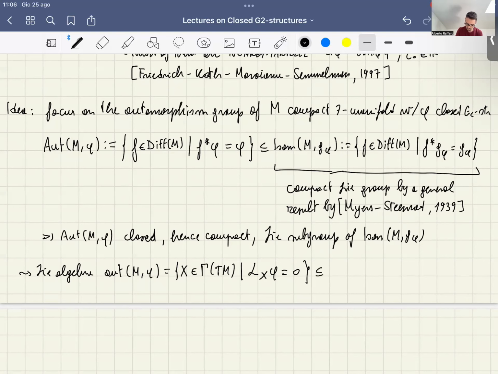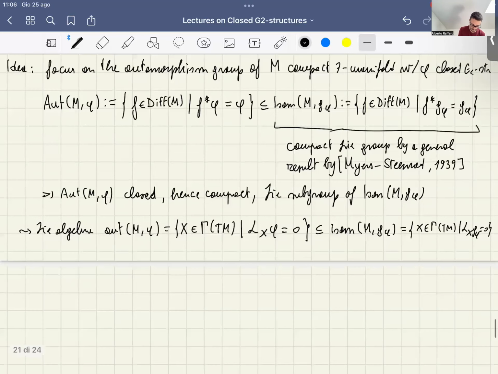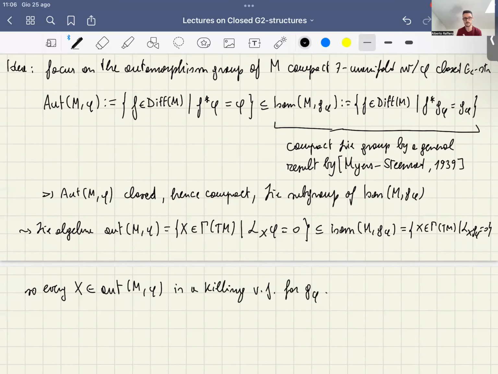And this is contained, of course, in the Lie algebra of the isometry group of M, which is the Lie algebra of Killing vector fields for the metric. So in particular, every vector field X which is an infinitesimal automorphism of the G2 structure, so which belongs to the Lie algebra of the automorphism group, is a Killing vector field for the Riemannian metric gφ.